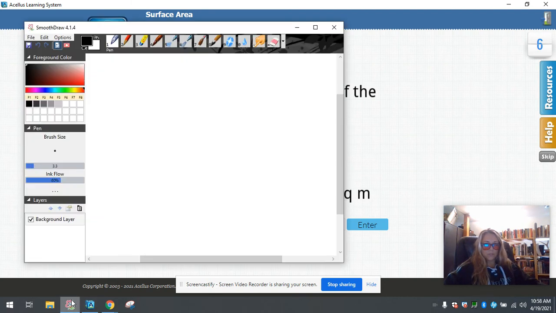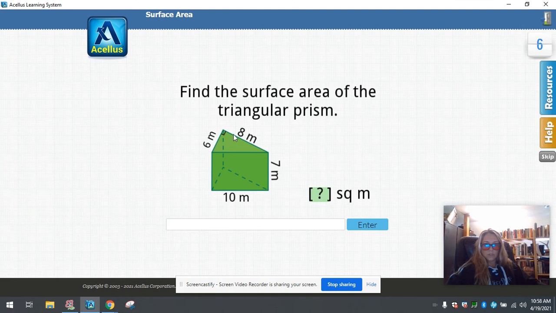So my triangles, which are both the same size, I'm going to go base times the height divided by 2. And you might be like, how do I know which one's the height? Well, you're going to look at both sides that are linked to the 90-degree angle marked by that little square.